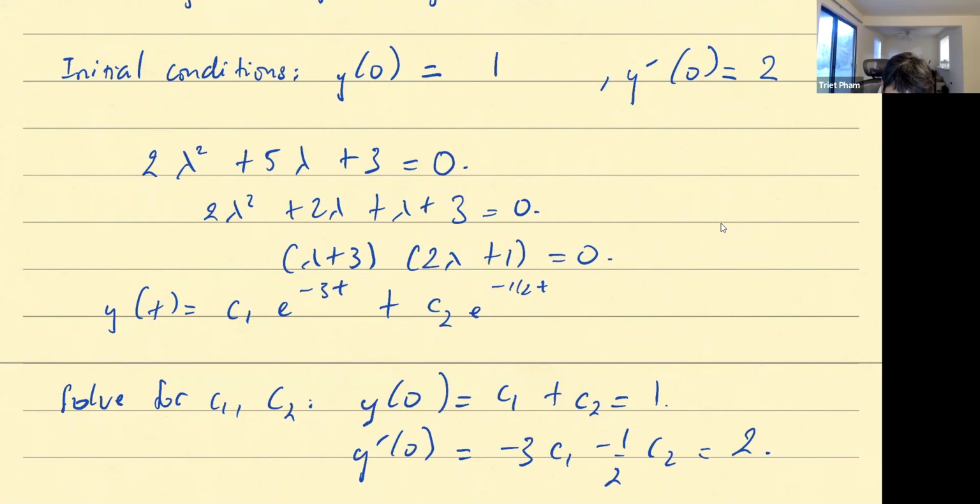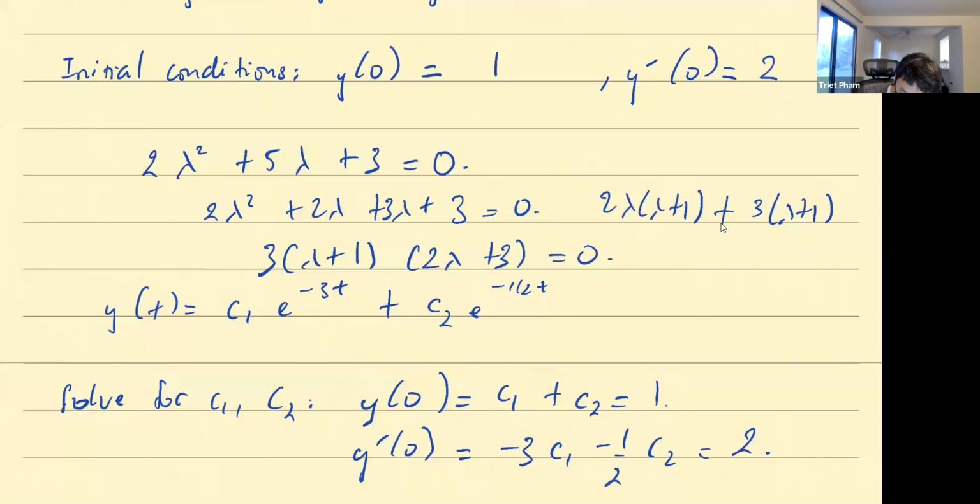Oh, did I do it wrong? Hold on. Oh, sorry. There's a 3 lambda here, right? Yeah, thanks. 3 times lambda plus 1. So 2 lambda times lambda plus 1 plus 3 times lambda plus 1. So it's going to be 2 lambda plus 3, and then you got lambda plus 1.